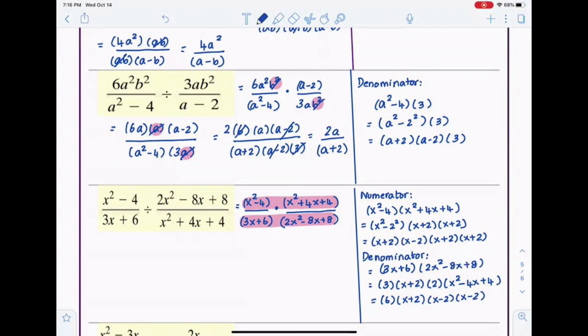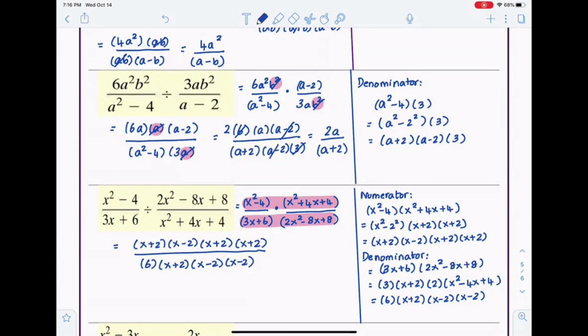So we're done with the numerator and denominator. All we have to do now is to combine them together. So the numerator is x plus 2 times x minus 2 times x plus 2 times x plus 2. The denominator is 6 times x plus 2 times x minus 2 times x minus 2.